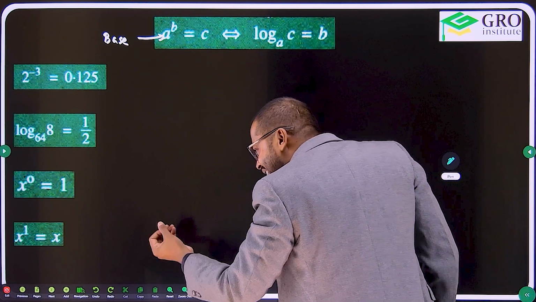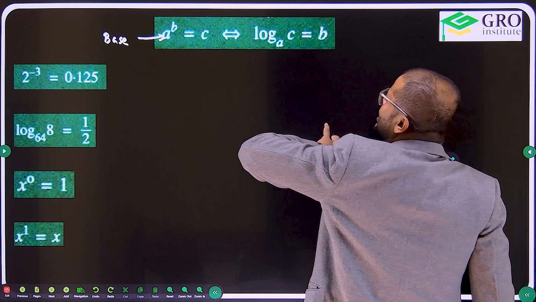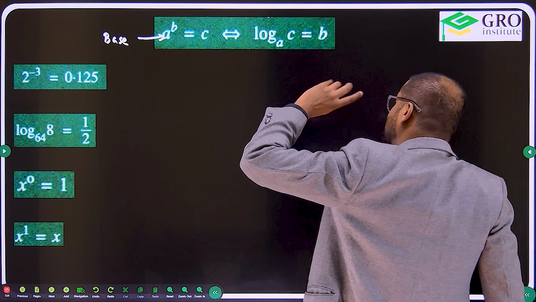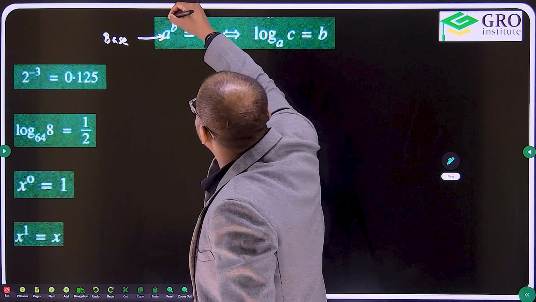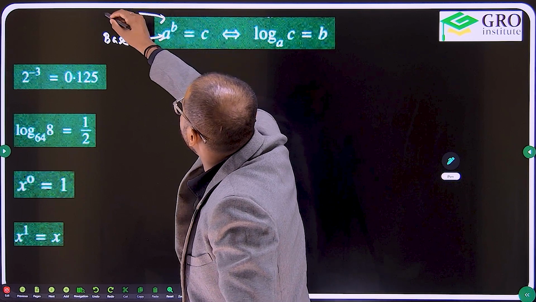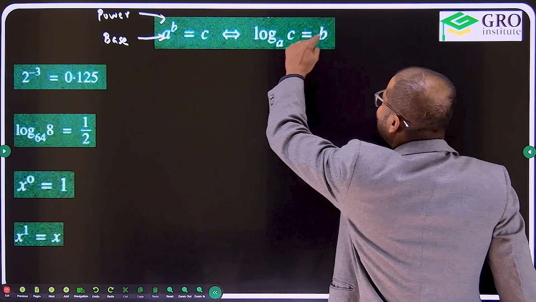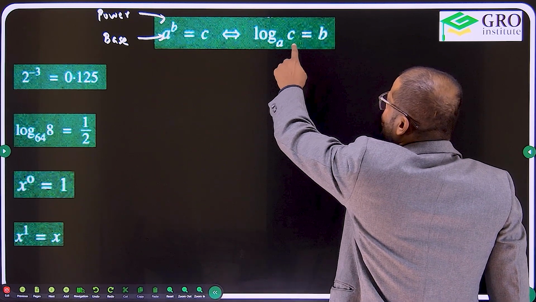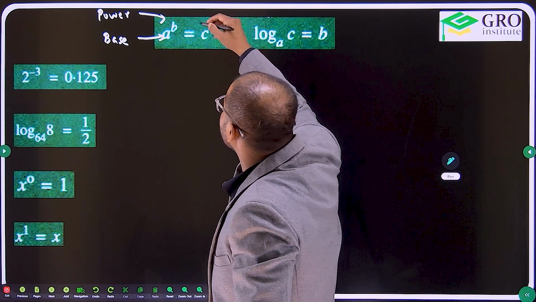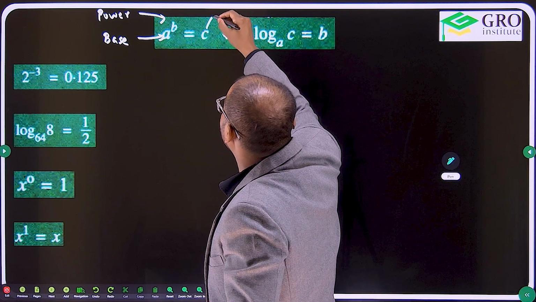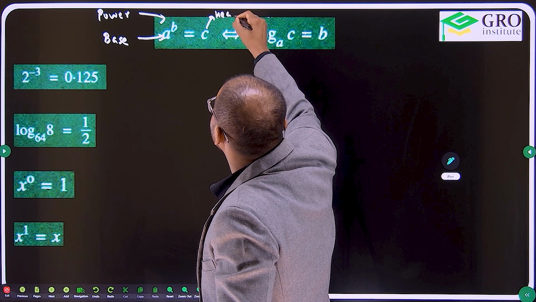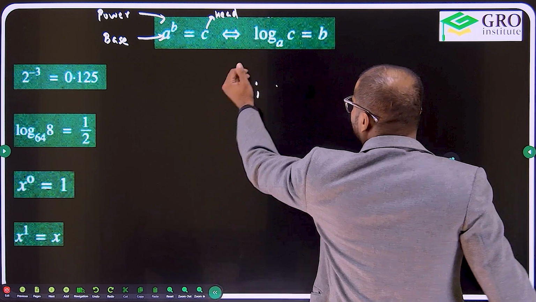So either it is exponential form or logarithmic form, base will remain base, first thing. And this b is the power, right? And this c is called your head. Yes or no?